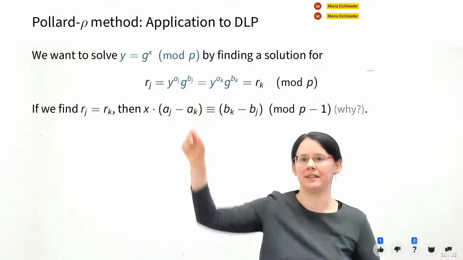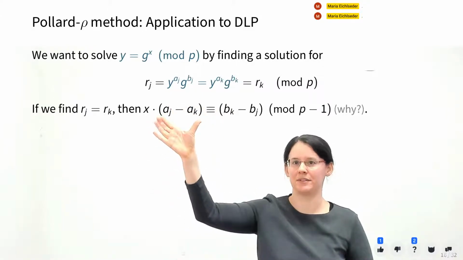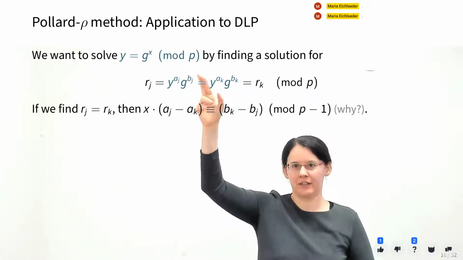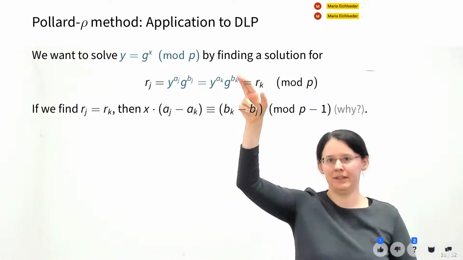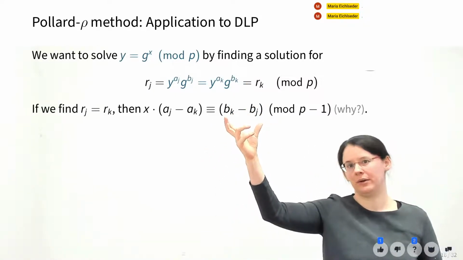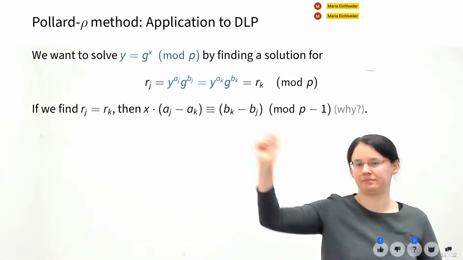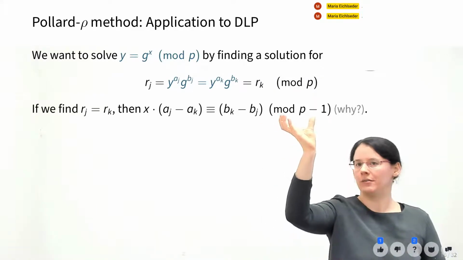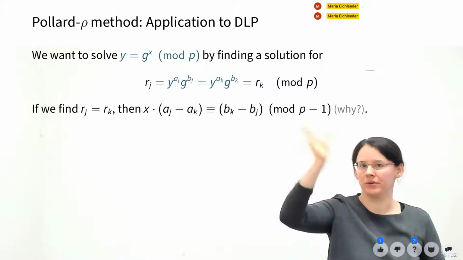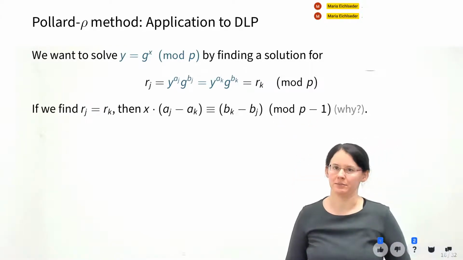So I bring this to the other side. So on the left-hand side, I have x times the first a minus the other a. And here, the exponent I have is b. Here it's again b. I bring this to the other side. So I have the one b minus the other b here. And again, the whole thing is modulo the group size, because I can always do all my operations modulo the group size when I'm in the exponent.